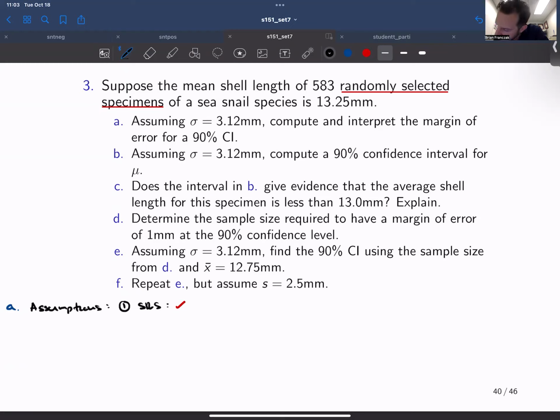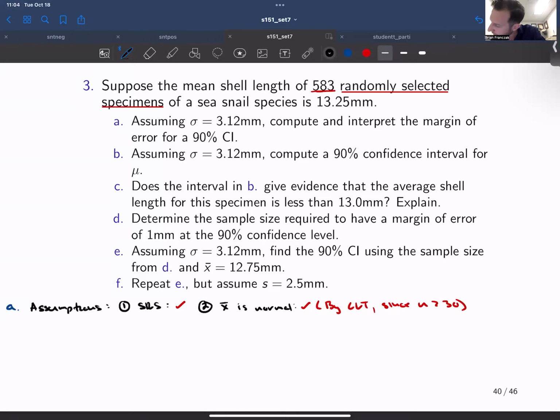If we're told that the specimen are randomly selected, we can assume that SRS is valid. Okay, part 2, we can say X bar is normal. In this case, we are told that we have 583 sea snails. So we can check this off and say, by the central limit theorem, since n is greater than 30.